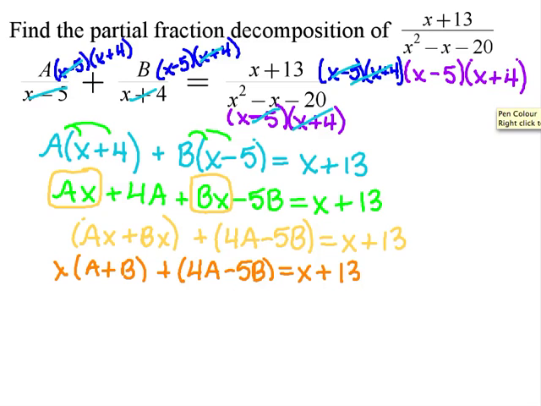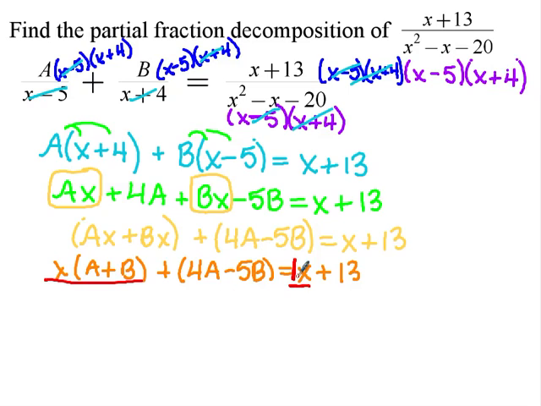Now, this is something that we did in algebra back when we were in the matrices chapter. Because this is an x here, and this is an x here. What is my coefficient of x on the right side? Right here, the coefficient is 1.